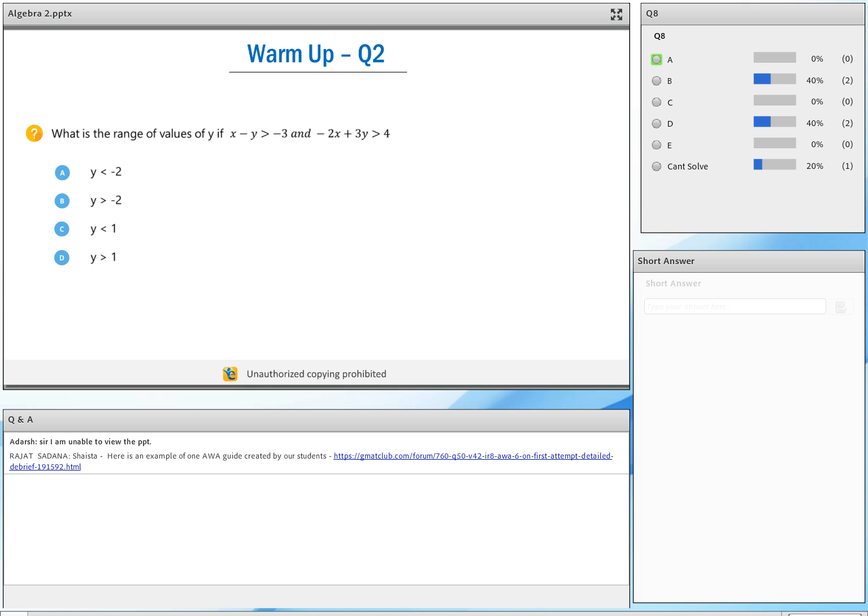Ashutosh, can you select the poll for question number 3 from your end while I fix my system here? For some reason, I'm not able to select it. Ashutosh, the poll for question number 3, warm-up question 3.